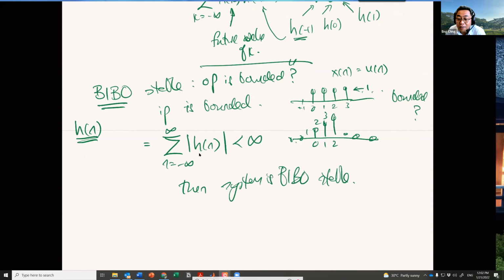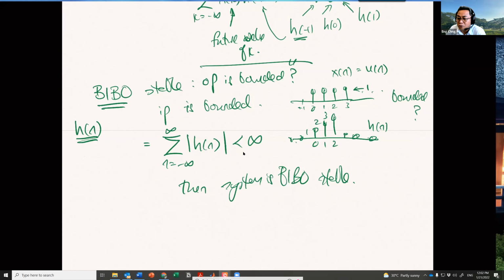So again, h of n appears. h of n describes the system. All I need to do to study whether the system is BIBO stable is to take the absolute value of the sequence, sum it, and then check. If it is less than infinity, then the system is BIBO stable. So what about this guy? h of n is 1, 2, 3, followed by all zeros.